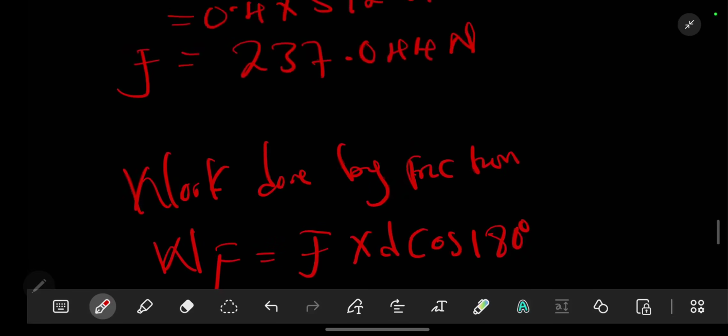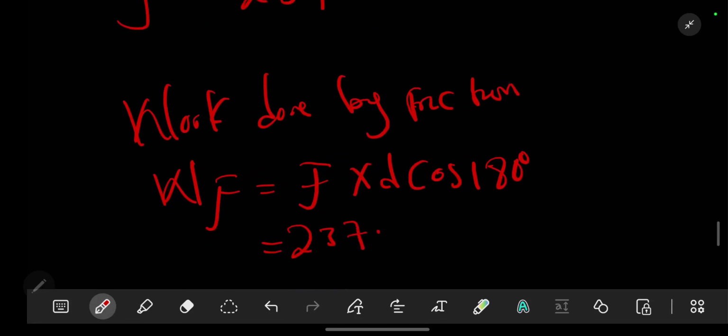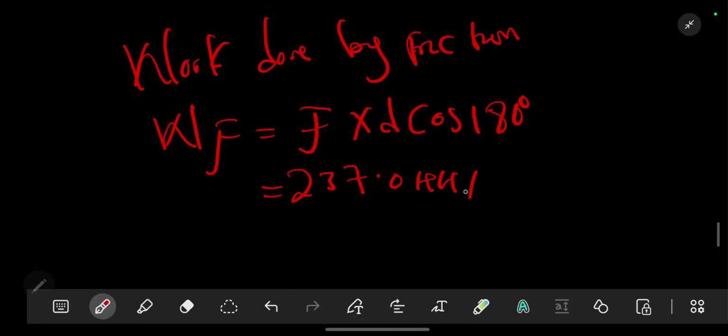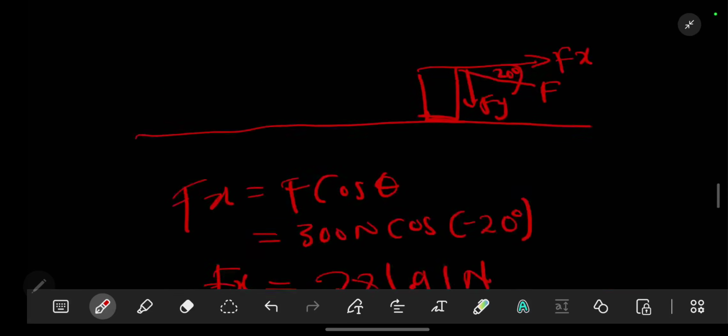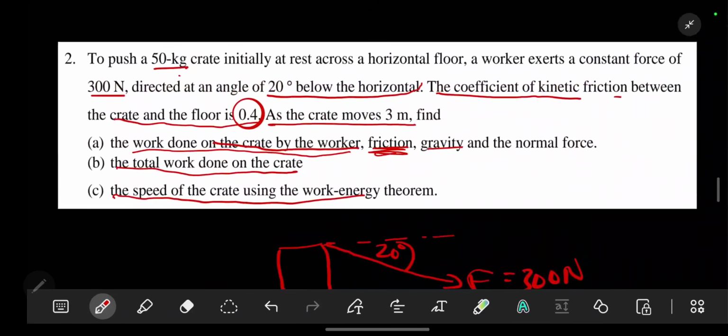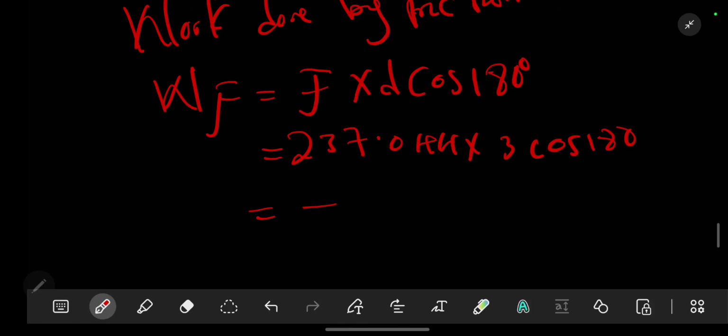So the frictional force is 237.044 times our distance, which is moving 3 meters, so we stick with the 3 meters, times the cosine of 180 degrees. If you press this, this will give us a negative.